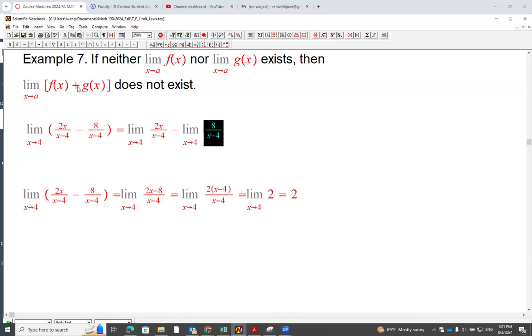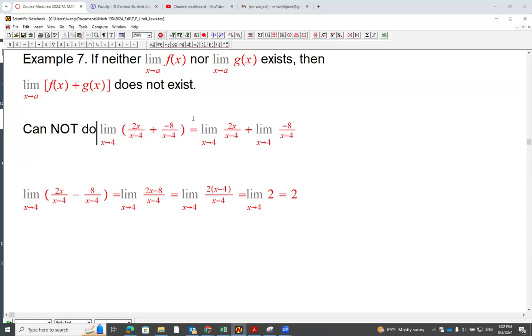Then you say, hey, this is addition. That's no problem. We can make it adding -8. And certainly this is false, right? Because we cannot do this.